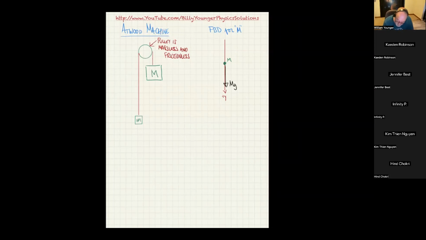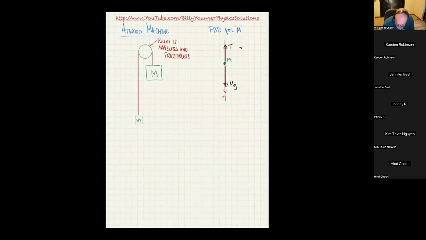I'll just do them both in black, even though I was going to use a different color to represent positive and negative, but this is okay. I'm calling downward the positive, and the tension is pointing in the negative direction, okay?